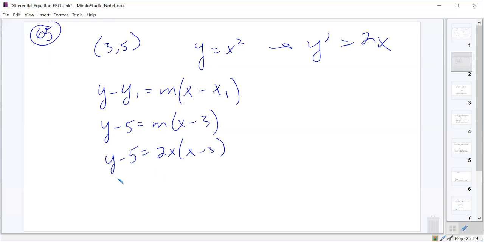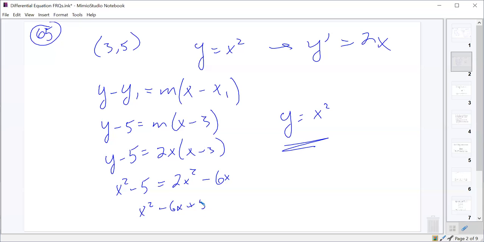Since we know that y is equal to x squared, we should be able to replace the y with x squared, giving us x squared minus 5 equals 2x squared minus 6x. That's our parabola; we know they have to be tangent to the parabola, so y has to equal x squared. That gives us x squared minus 6x plus 5 equals 0, which should give us x values.